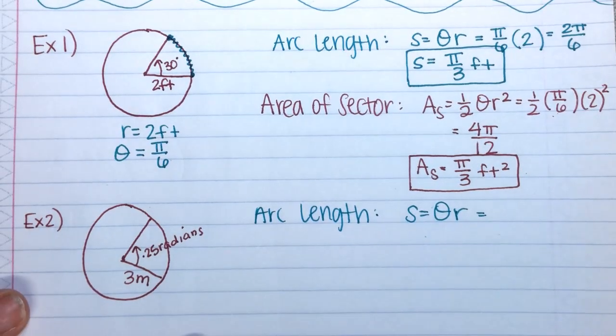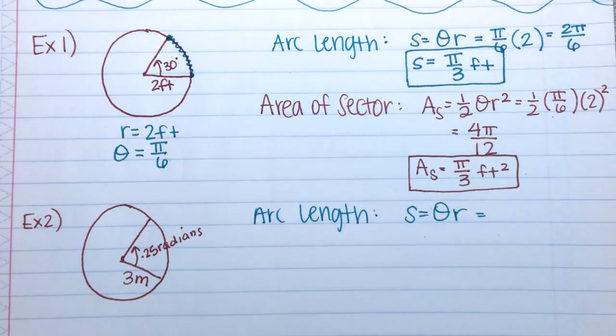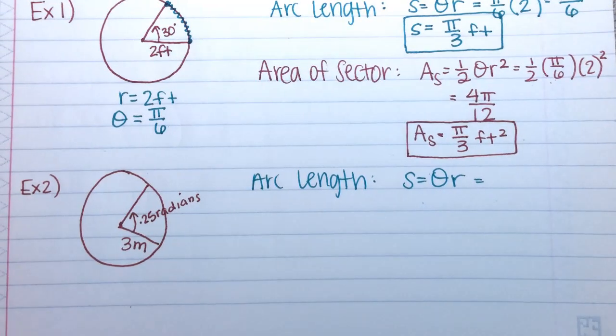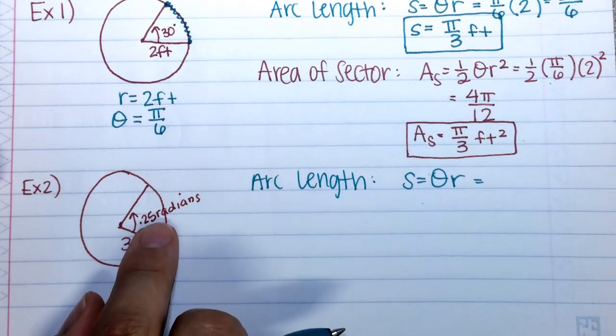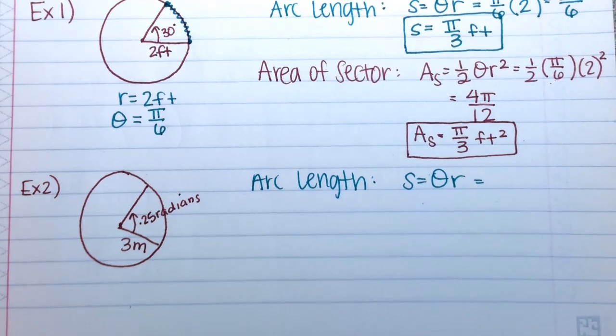What is my theta here? Okay, I'm glad you said that. It is not. And I get why you said it, but that's exactly why I gave you this problem. Do you agree this is already in radians?